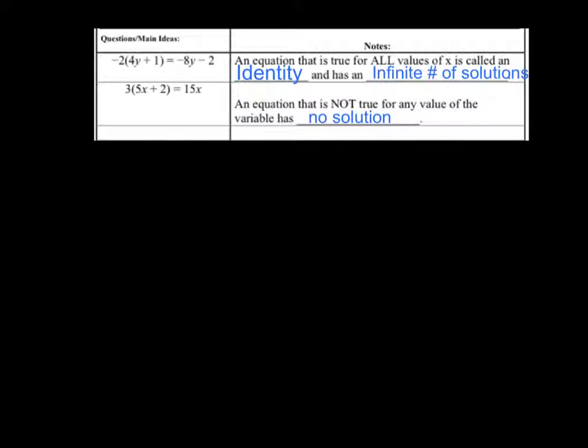If you look at the first equation, I'm going to rework it down here. So we have negative 2 times (4y plus 1) equals negative 8y minus 2. Just like with any equation, normally you're not going to know that it's a special type of equation until you start solving it.